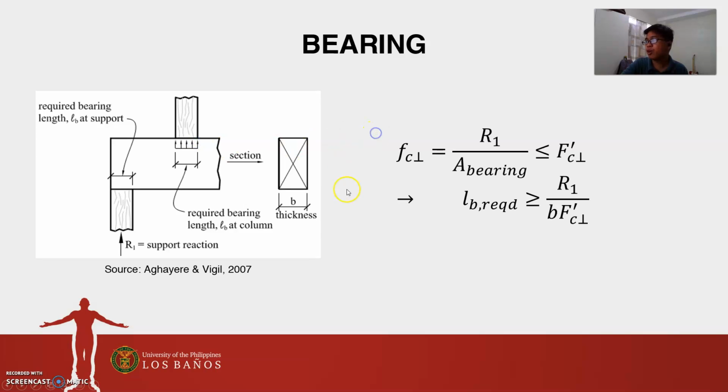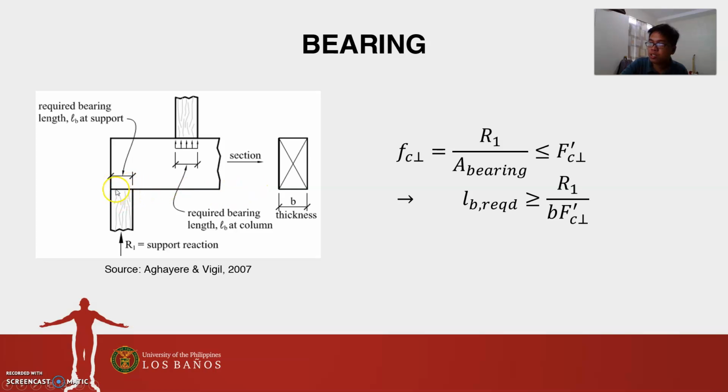Next, for bearing, just a simple formula for getting the stress. We have the reaction over the area of bearing. And what would the area of bearing be? Let's say we have this configuration here, and as you can notice, this part here would be the area of bearing.